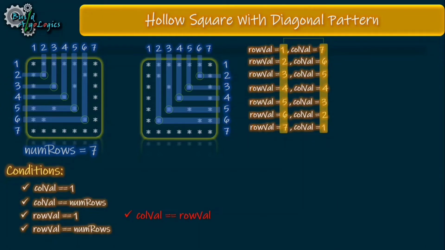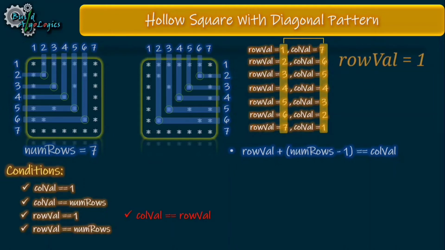As we can see here, for row val 1, col val should be 7, or we can say it is the same as the number of rows, that is 7 right now. Our first equation looks something like this. Here we need to use both variables row val and col val because our condition will depend on both of these values. Let's do a dry run on it.